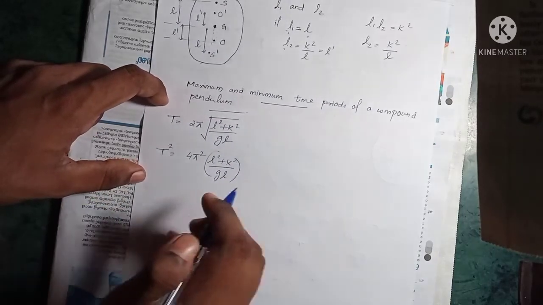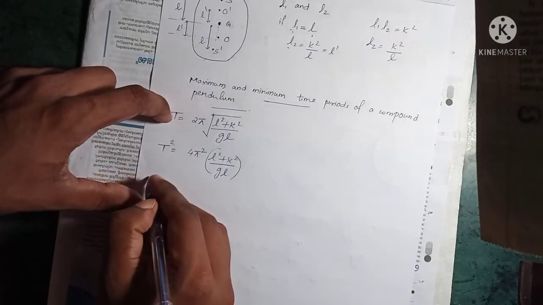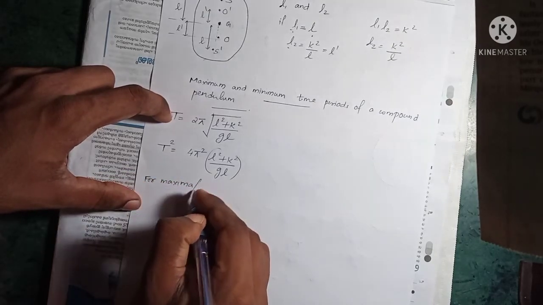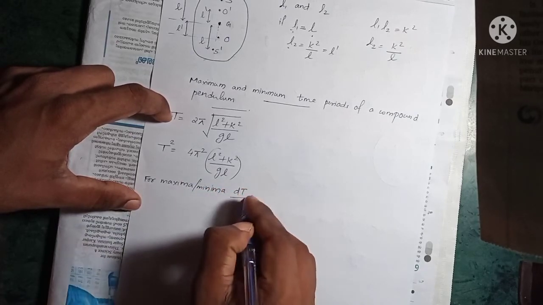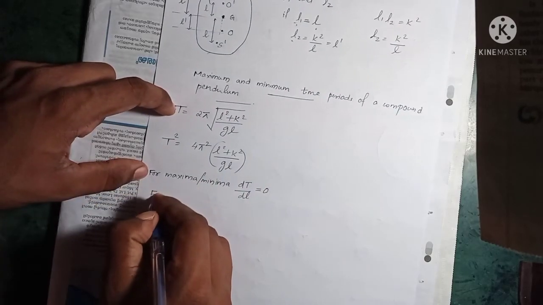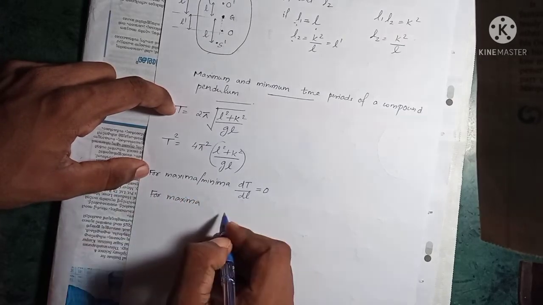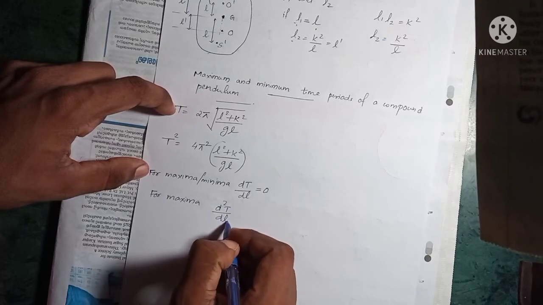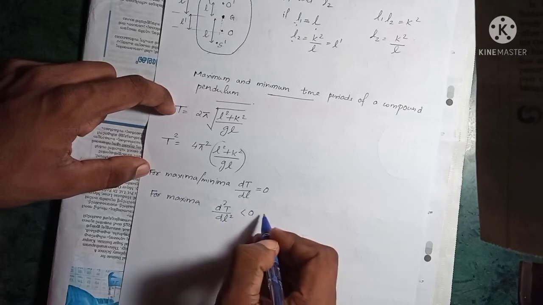To calculate the maximum and minimum time periods, we know that for maxima or minima, the derivative dT by dL should be 0, and for maxima, d square T upon dL square should be less than 0 or negative.